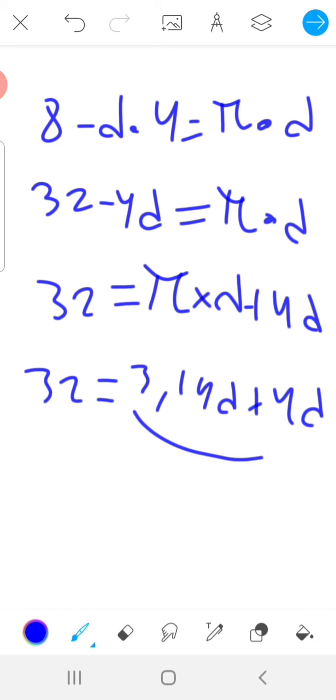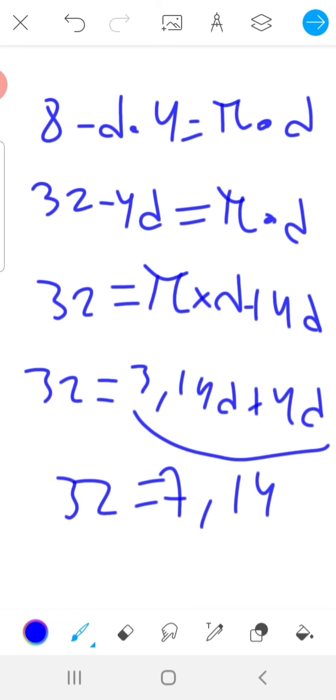And here you can immediately notice that they're both the unit d. So 3.14 plus 4, what is that? Well, it's 7.14. Okay, you can really see what I've written there. So that means that 32 is equal to 7.14d.